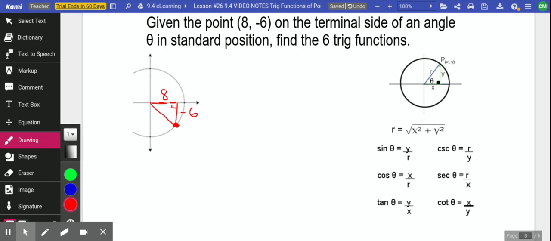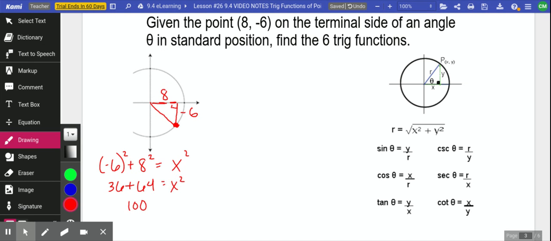Or if you know 3, 4, 5 triangles, you would know the answer. So this is -6 squared plus 8 squared equals x squared or r squared or whatever letter you use. So that's 36 plus 64, which is 100.